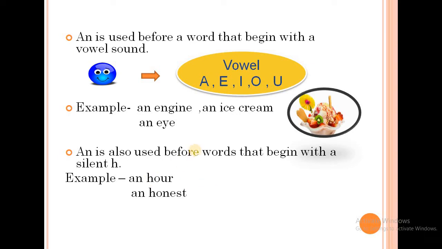We are speaking our. So that sound looks like a vowel. Hour. So before that word we will keep an. Same way another example, honest. So before the word honest we will keep article an.